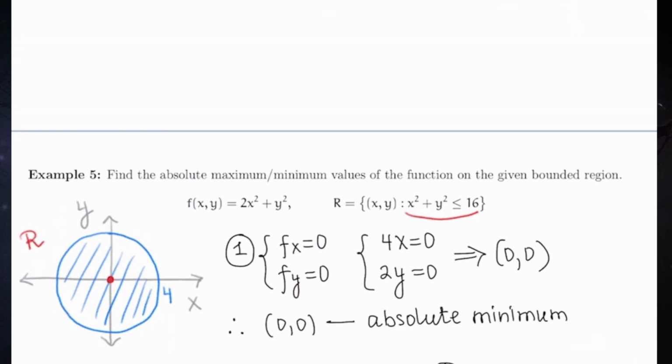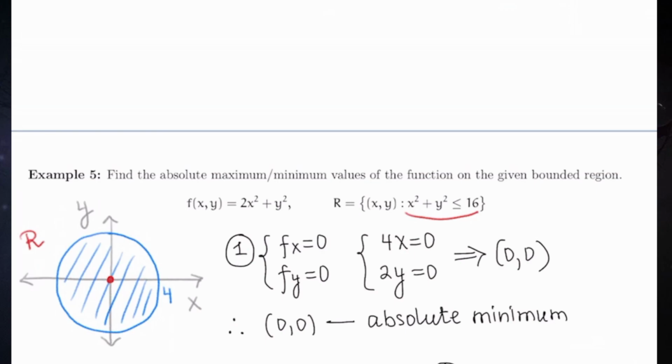Now we can also say right away that (0, 0) is where the absolute minimum happens, and we can do that analytically. If you look at the function, it is 2x squared plus y squared, so no matter which values of x and y we plug in, we're always going to get a nonnegative value.